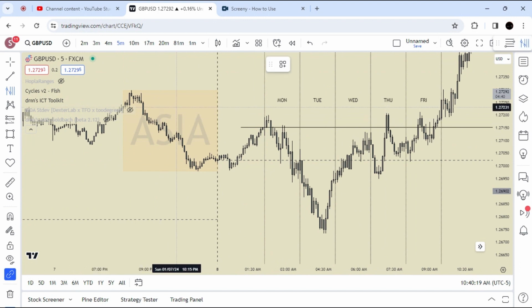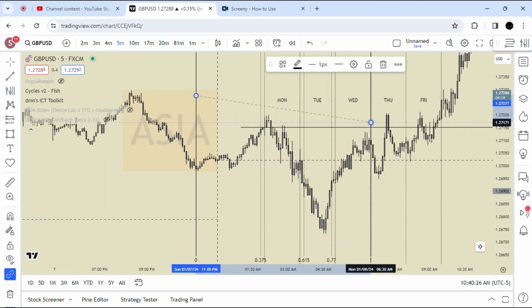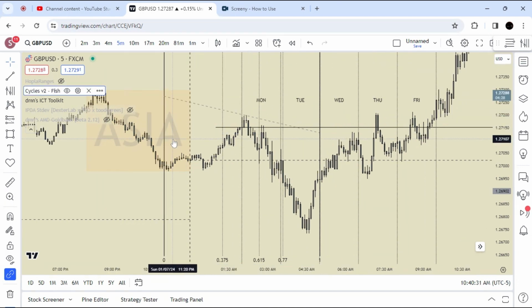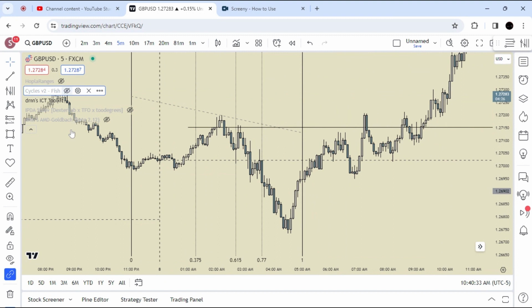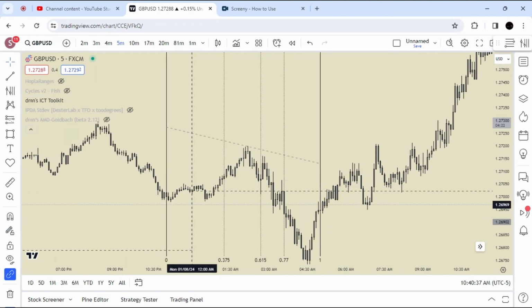And then if we go to the fractal times for Goldbach, not CLS, so 11 p.m. to 5 a.m. right here.